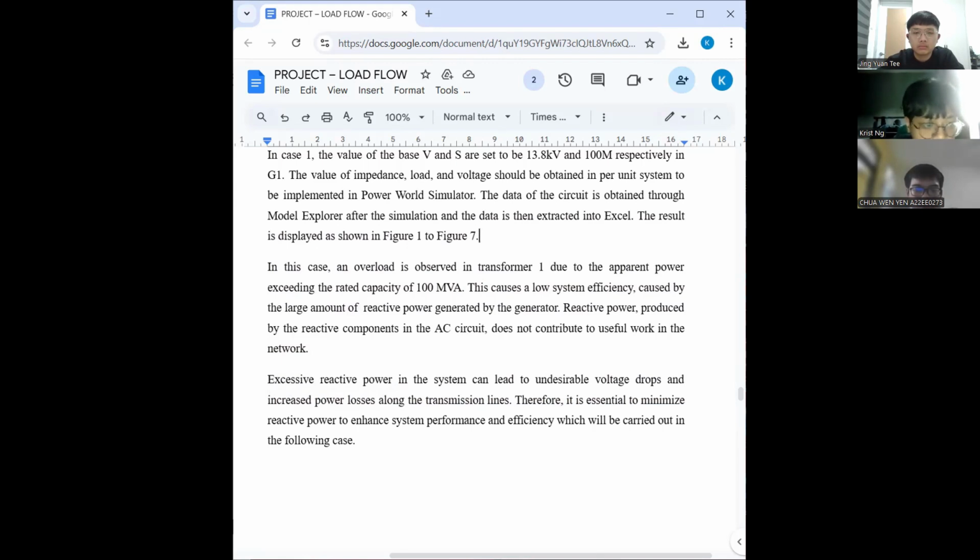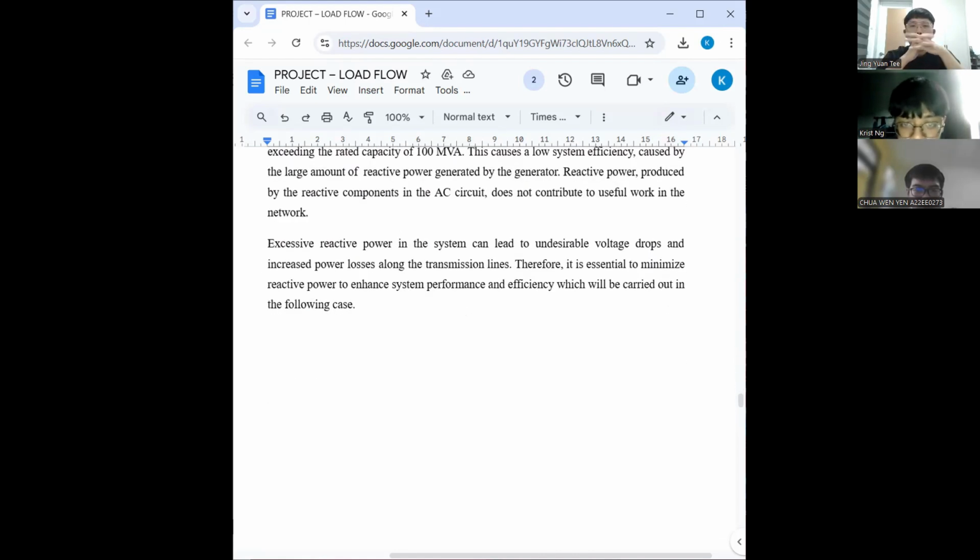Excessive reactive power in the system can lead to undesirable voltage drops and increased power losses along the transmission line. Therefore, it is essential to minimize reactive power to enhance system performance and efficiency, which we will carry out in the following cases.